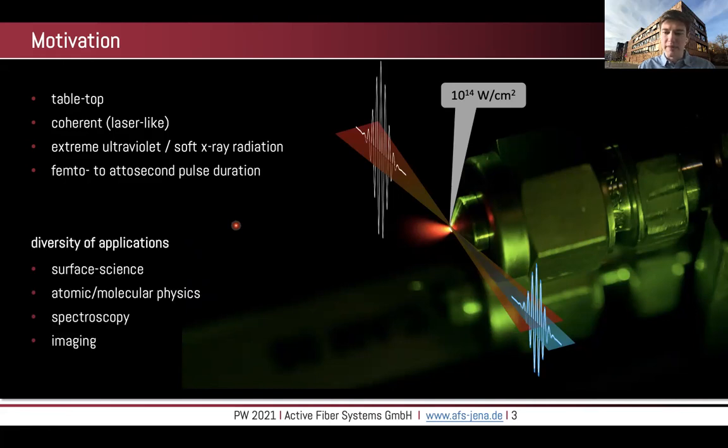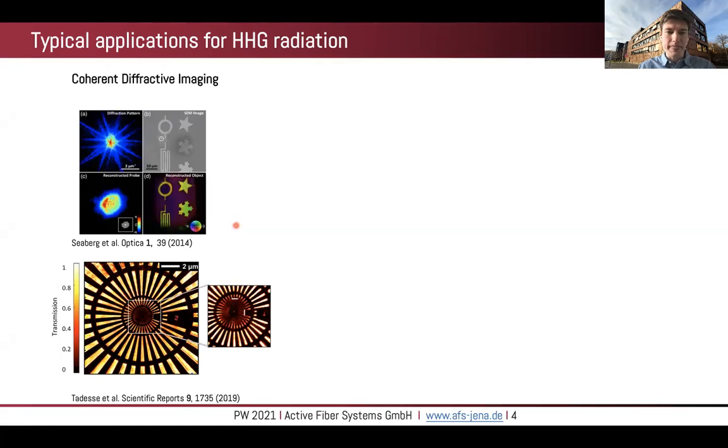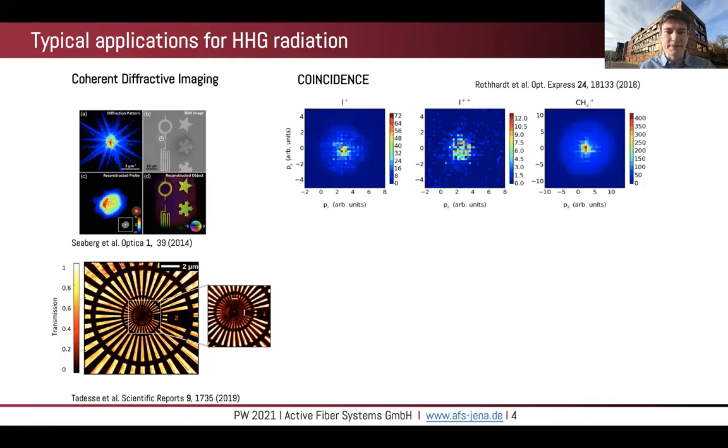This opens up a large number of applications that can be found in a great variety of fields, such as surface science, atomic molecular physics, spectroscopy, or imaging applications. To be a bit more specific, one very prominent application of tabletop HHG sources is coherent diffractive imaging, where you can image small samples with a very high resolution, which is not easily possible with imaging optics.